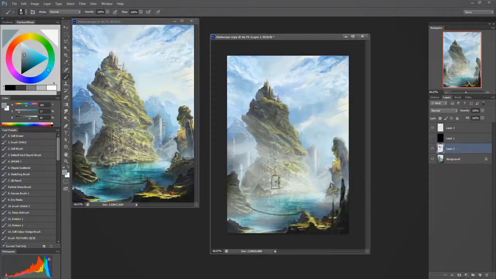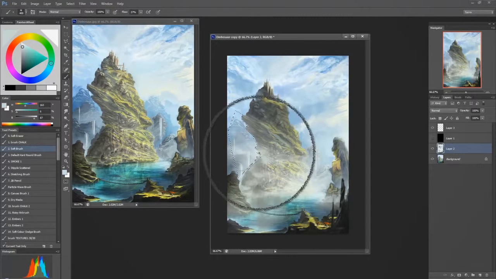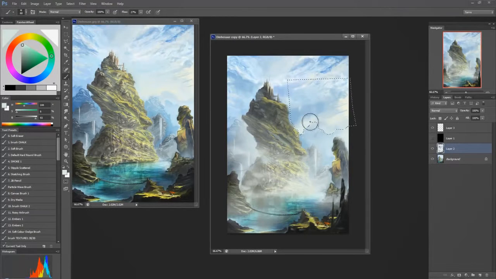So now clearly I can see that my eye goes straight to the castle, and that is important. And then the next place I look is the two figures running, or it might be that the first place I look is the two figures running, and then quickly my eye is going to get drawn to the castle.